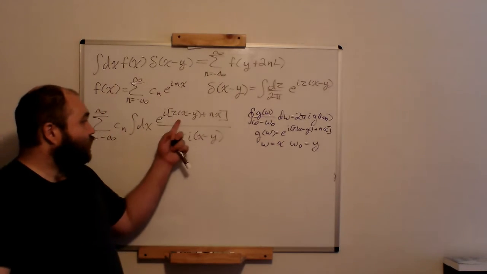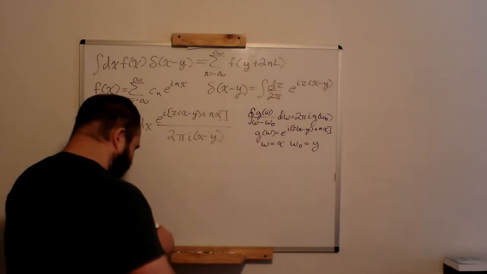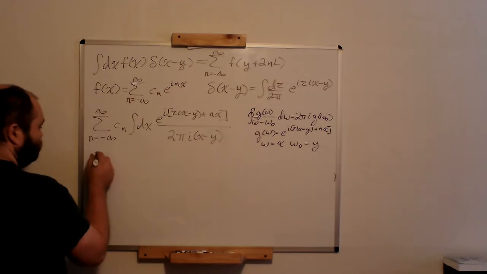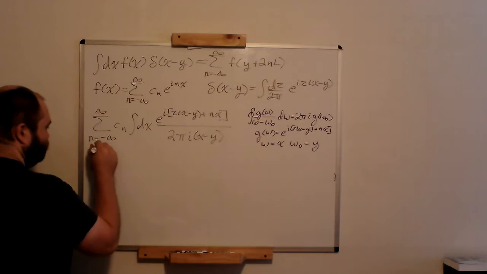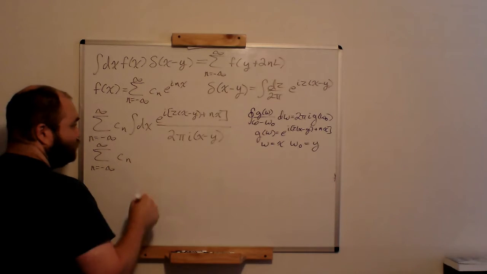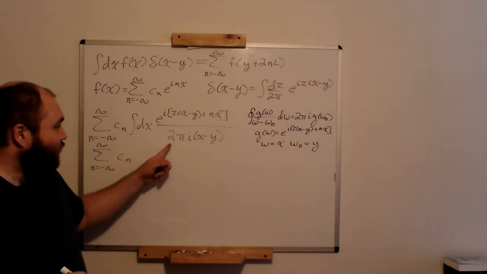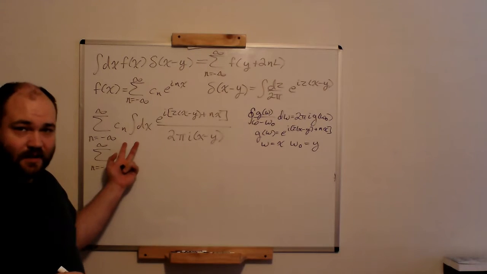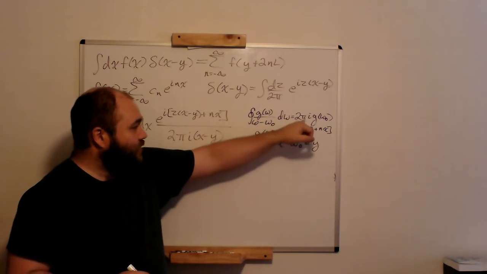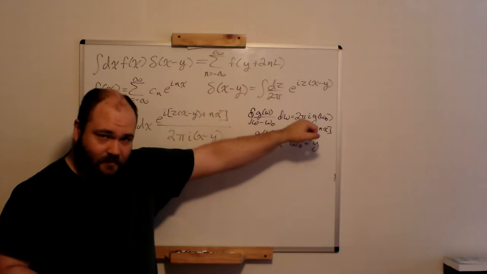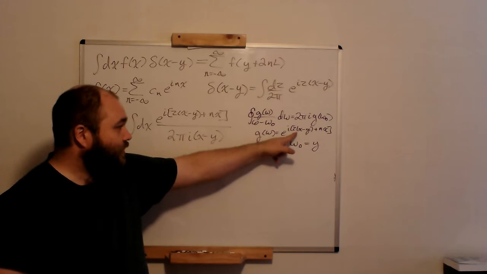So, when we plug all this into here, we have this 2 pi over i here, which can come to the outside. And so then we're just left with the integral of everything inside. Multiplied by 2 pi i, you see that those cancel out. So now, all we do is we replace x with y.